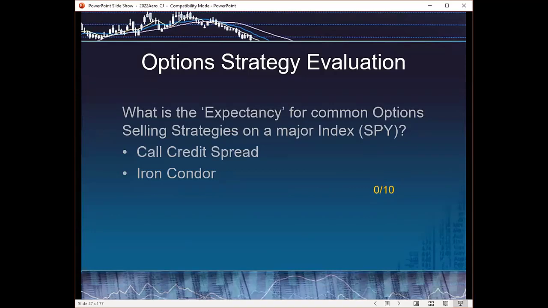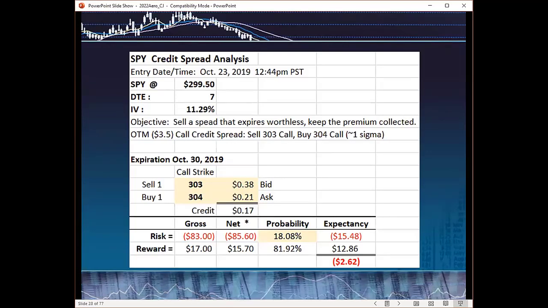So again, we're using an example in this case of a credit spread, and I'm selling about one week out an SPY credit spread where I'm selling the 303 strike and buying the 304 strike. Those strikes were selected because the short strike is about one standard deviation out of the market.